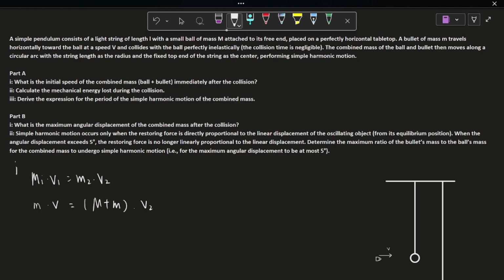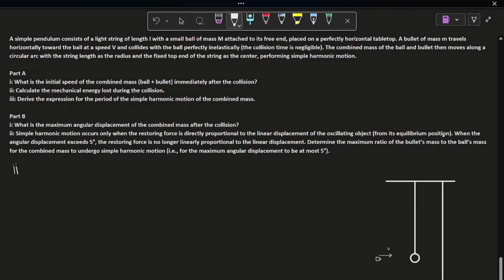We're trying to solve for v2, which we can easily rearrange to be v2 is equal to m times v, lowercase m obviously, over big M plus small m. That is your initial speed of the combined mass.